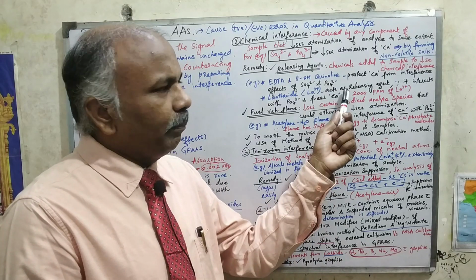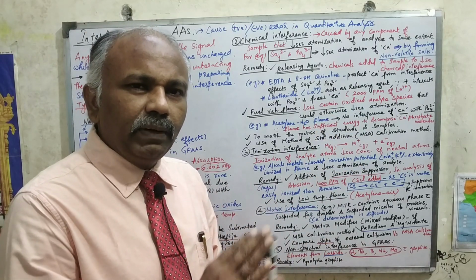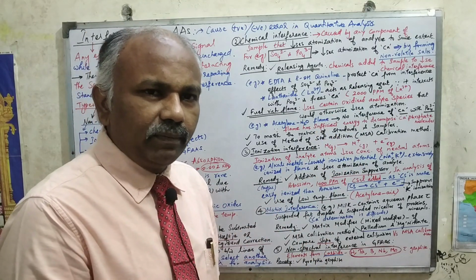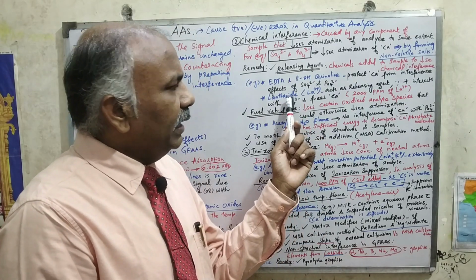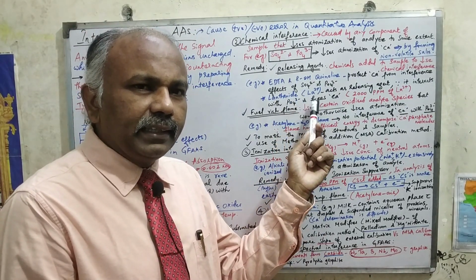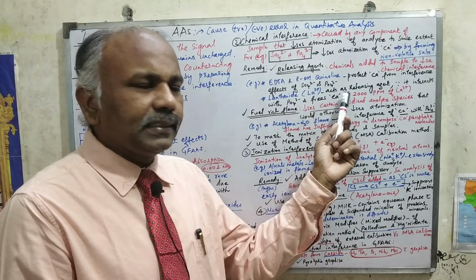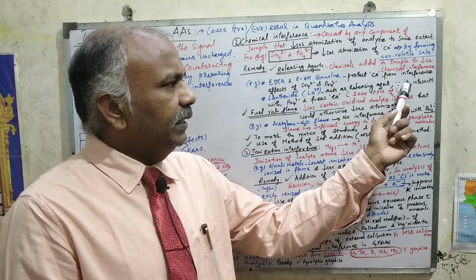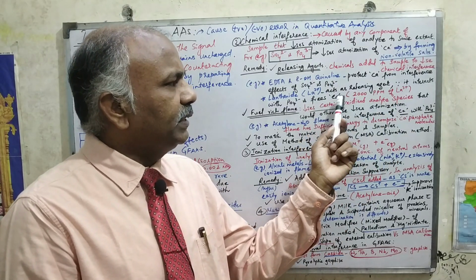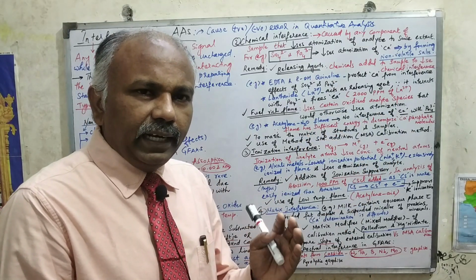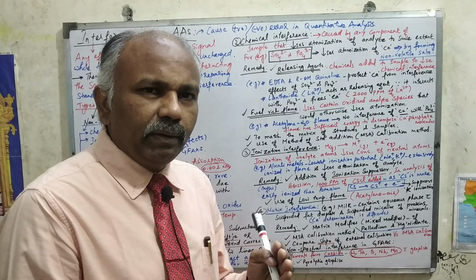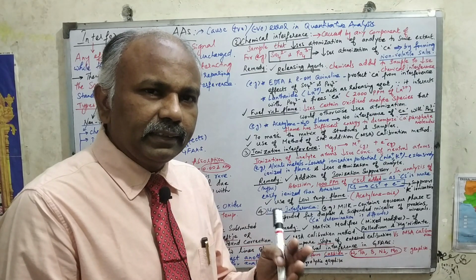So therefore what will happen? Indirectly they will prevent the binding of calcium with the phosphate or sulfate, right? And there are certain releasing agents called lanthanides, right? These lanthanides, La3+, act as a releasing agent because they interact with the phosphate and free the calcium. These lanthanides have more affinity for binding with the phosphate to make lanthanide phosphate.